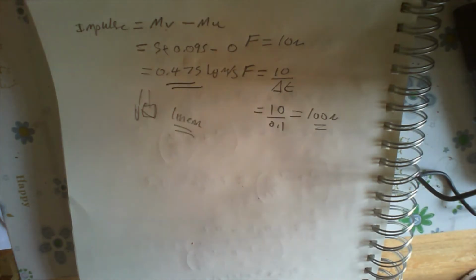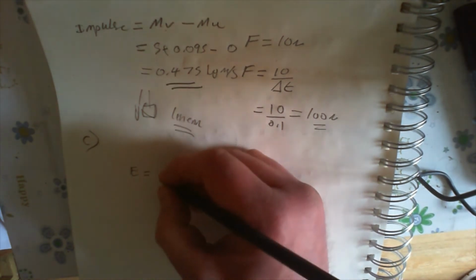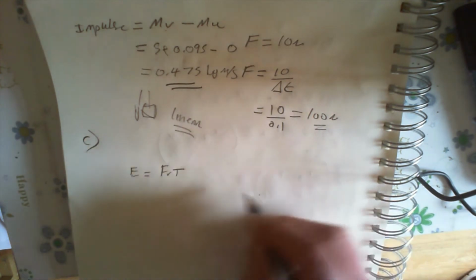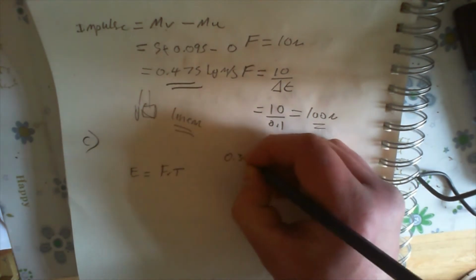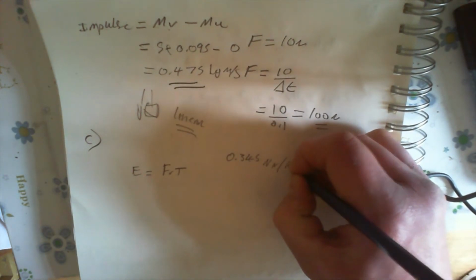Right, and to finish this one off, part C, the frictional torque. We want to work out the energy, then work out how much power that would be in 24 seconds. So the energy is going to be frictional torque, and it gives you a value of 0.345 newton meters per revolution.